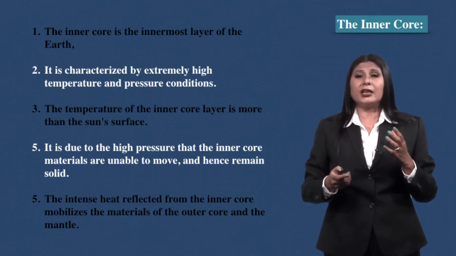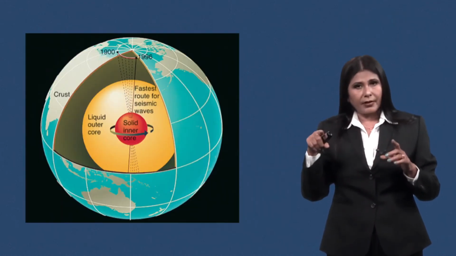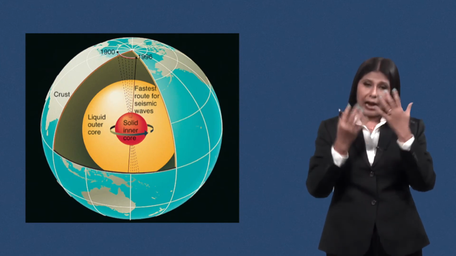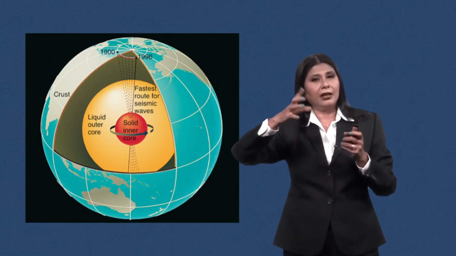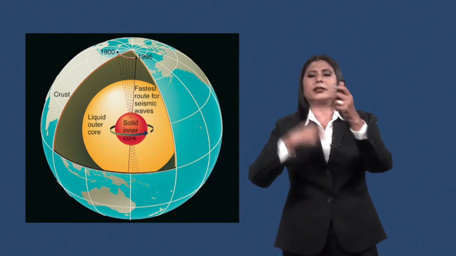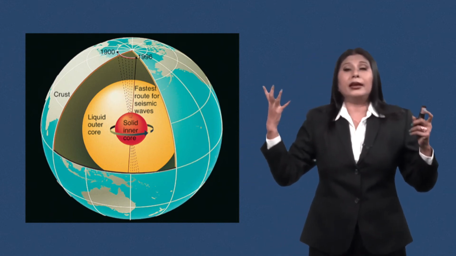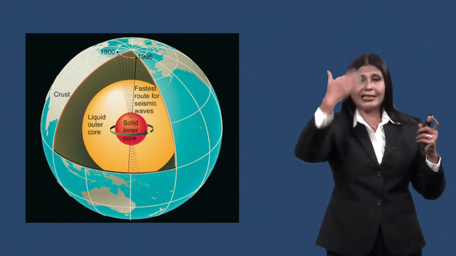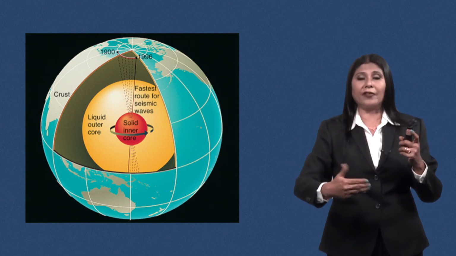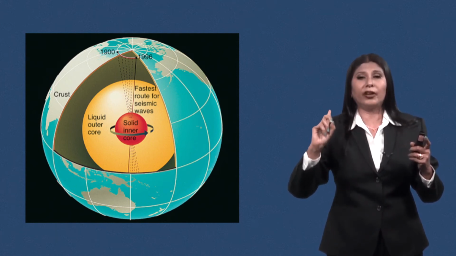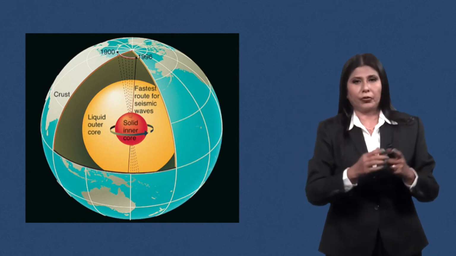And what is interesting is the outer core is liquid, the inner core is solid, both are iron, and as the Earth is rotating, the outer core liquid is rotating around this iron ball inside, creating magnetism. Our magnetic north pole and magnetic south pole are generated by this phenomenon of the outer core revolving around the inner core.